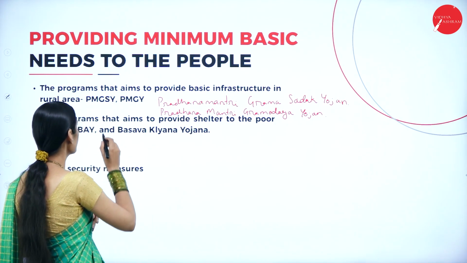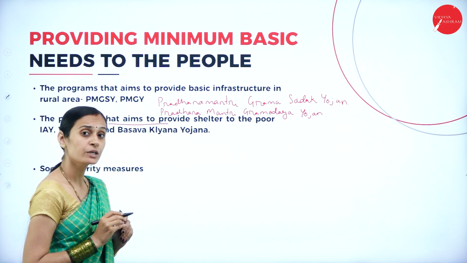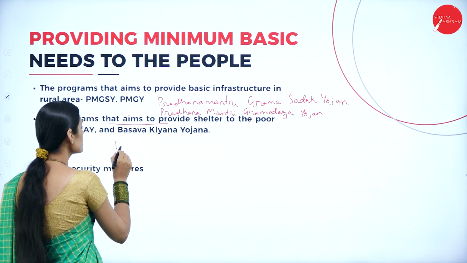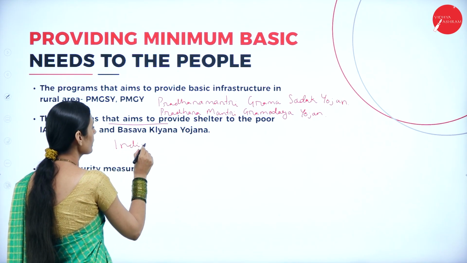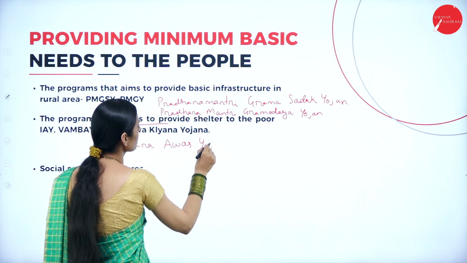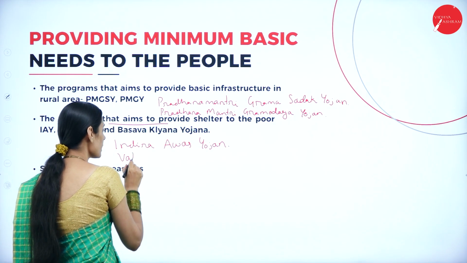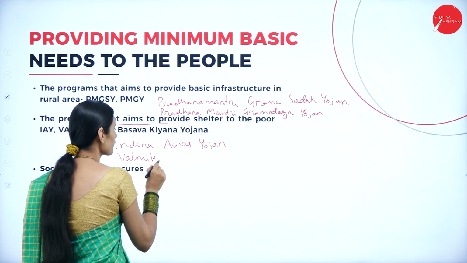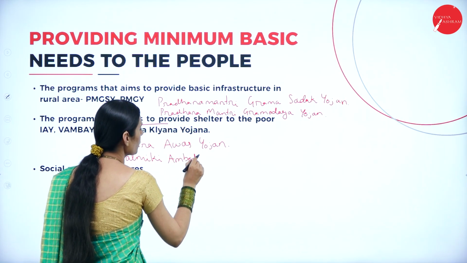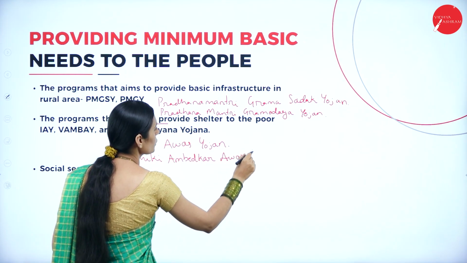And next one, a program that aims to provide shelter to the poor people, particularly belonging to rural areas. Yes, that is Indira Awas Yojana and Valmiki Ambedkar Awas Yojana.